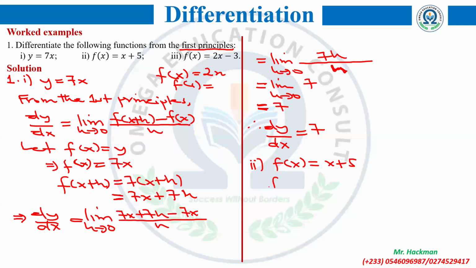So I'll write f prime of x will be equal to the limit as h approaches 0 of f of x plus h minus f of x, all over h.